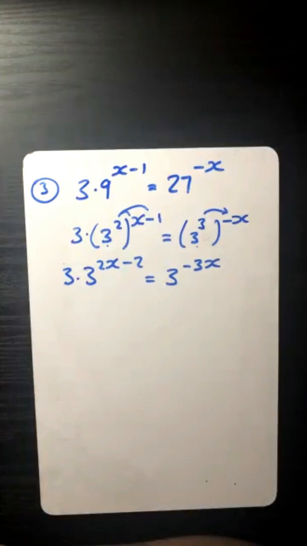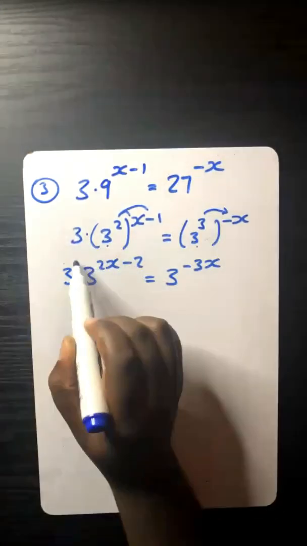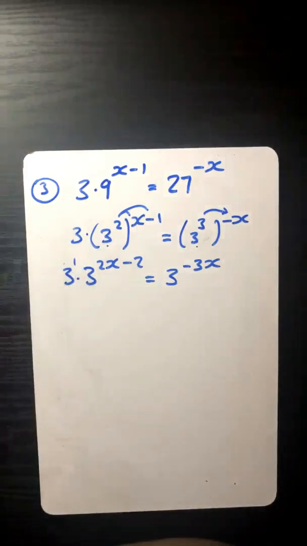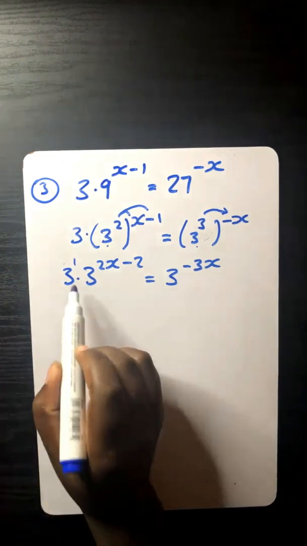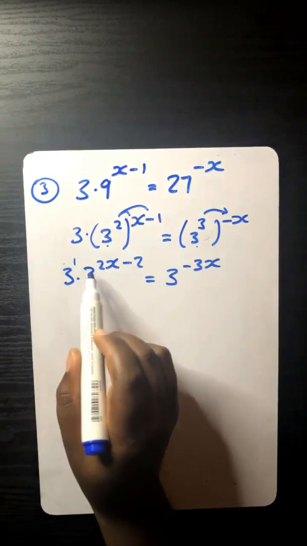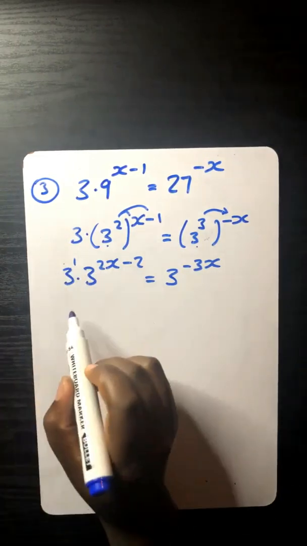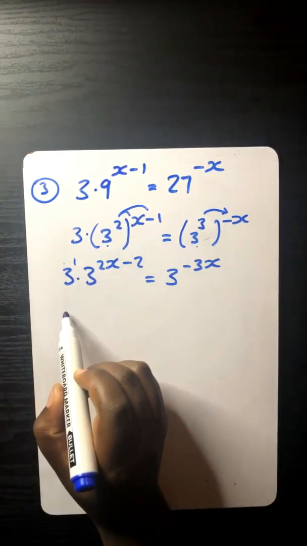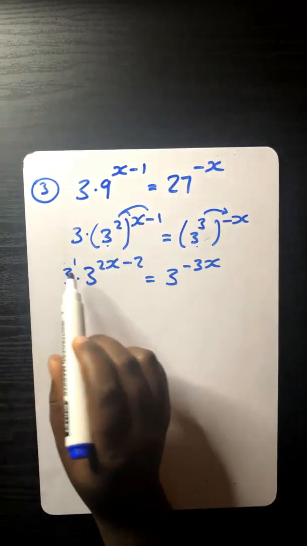Okay, so let me see. Obviously, there's that invisible one, isn't it? Yes, sir. Which means the bases are the same. We can therefore add the exponents. So you remember that rule, which says when the bases are the same, you add the exponents.